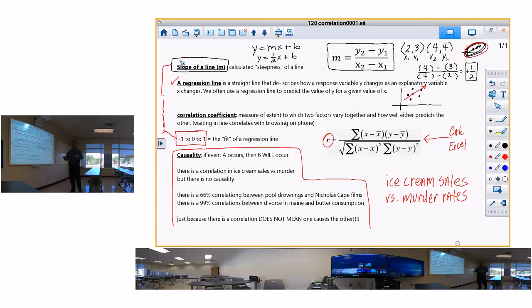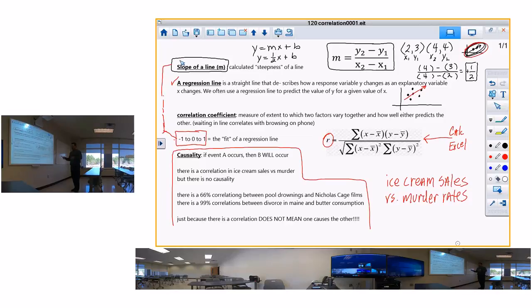There's usually another variable involved, which could be the heat. The heat of summer makes people come out more, which makes the bad people come out more, the Jasons and the Freddy Kruegers, crazy people. Also, the sun comes out, people get out more, eat more ice cream, but they also get irritated because of the heat.